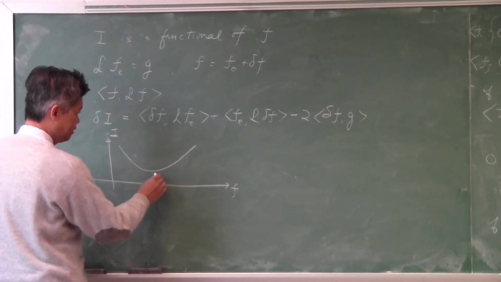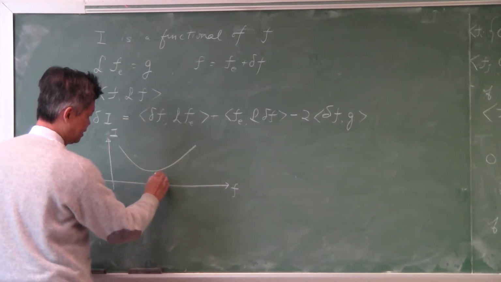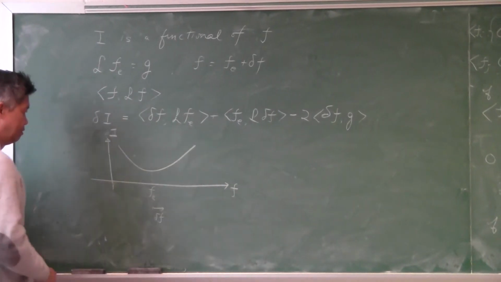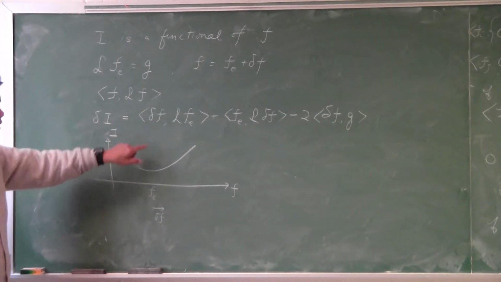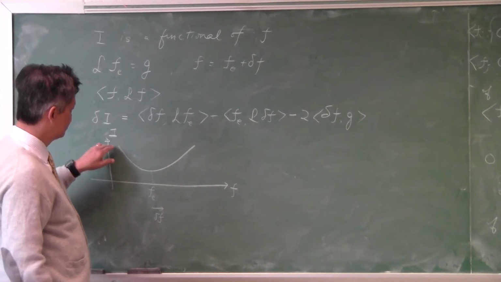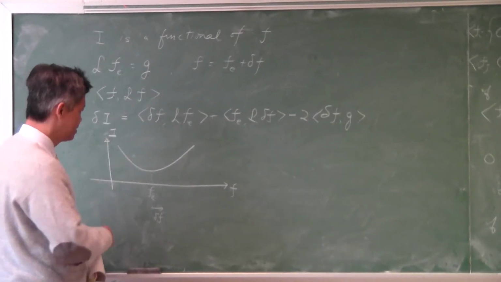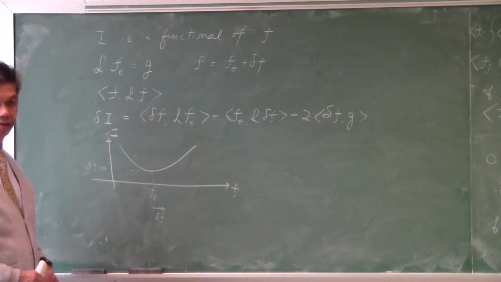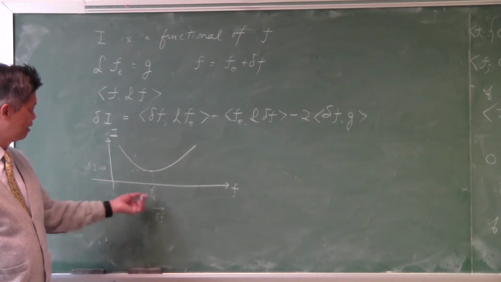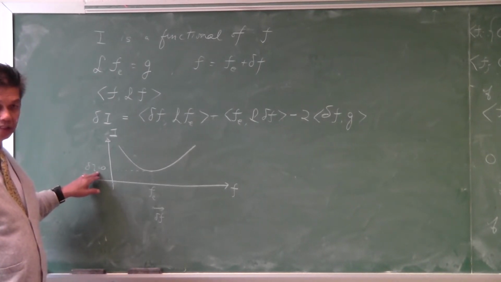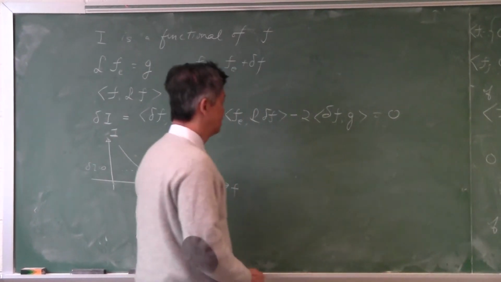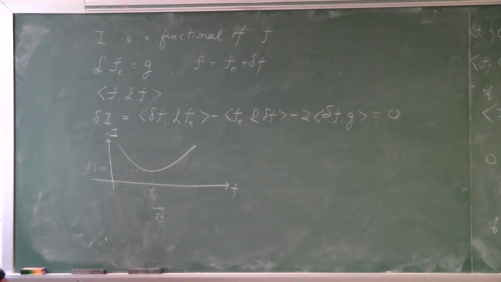If I try to vary about the stationary point by adding a delta f, the first variation delta I is equal to 0, because this is a stationary point. If I do a linear change in delta f, there's no linear change in delta I. So if this is really true, then the first variation has to be 0, because that point is stationary.